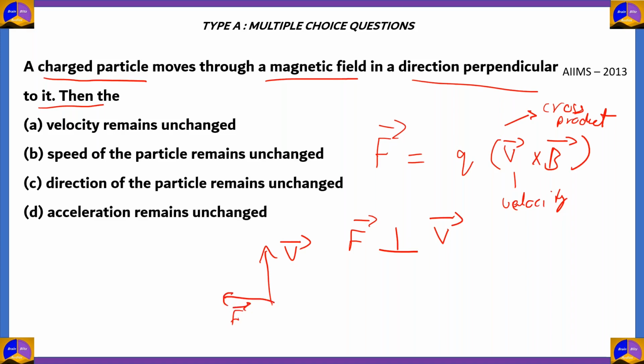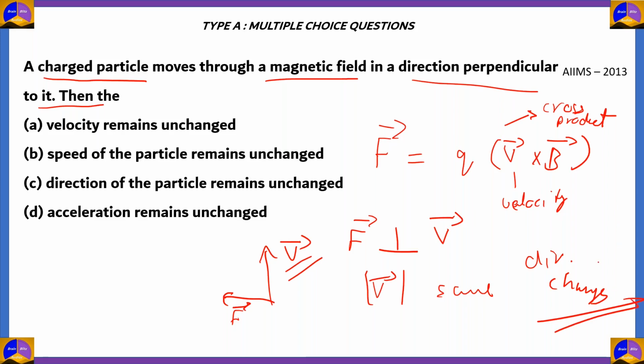We find that there is virtually no change in the magnitude of velocity. So magnitude of velocity remains the same, but the direction changes. Therefore, since the direction changes, option C remains incorrect. And we can also discard options A and D because both velocity and acceleration have direction. So velocity as a quantity gets changed, but the magnitude remains the same.